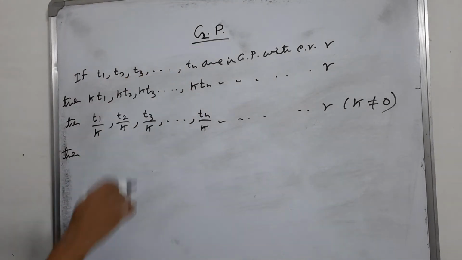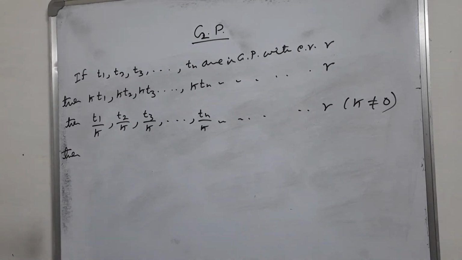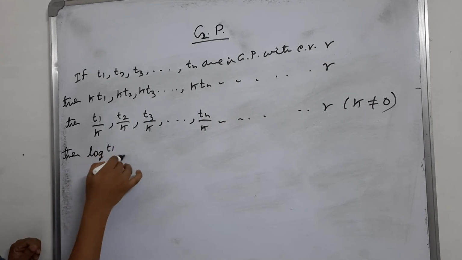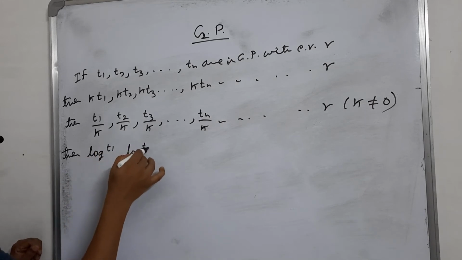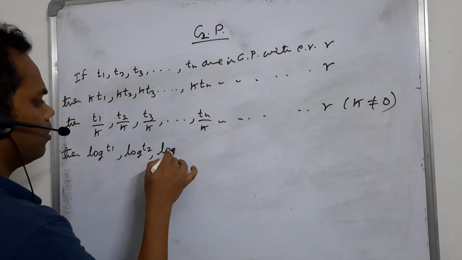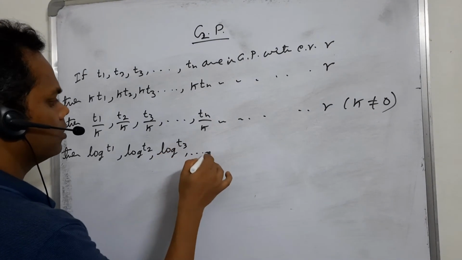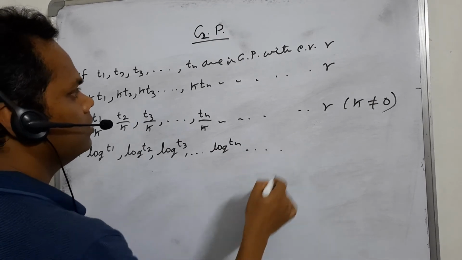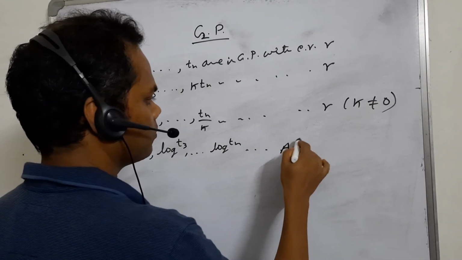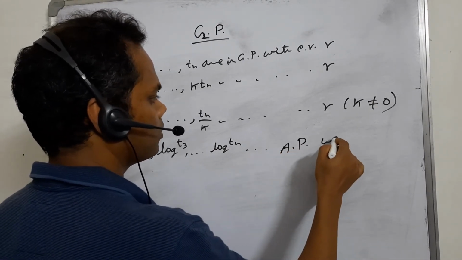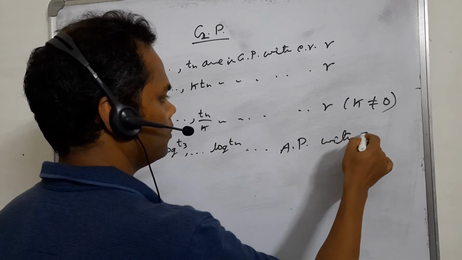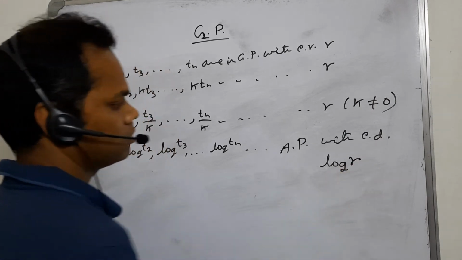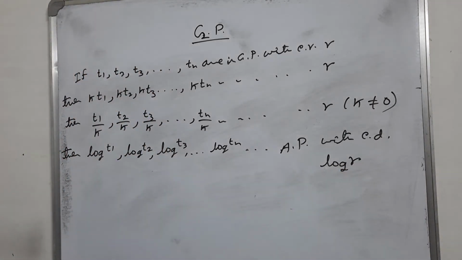If T1, T2 dot dot Tn are in GP with common ratio r, then log of T1, log of T2, log of T3 dot dot log of Tn are in AP with common difference log r. Why is this the common difference?